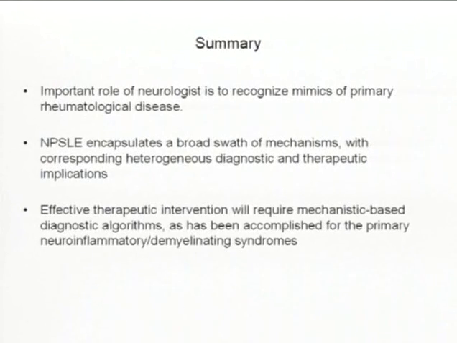And as I said before, effective therapeutic interventions will require mechanistic-based algorithms. These algorithms have been accomplished for the primary neuroinflammatory syndromes. We've heard the diagnostic algorithms for MS, for transverse myelitis, as well as Devic syndrome. There's no diagnostic algorithm right now for all these rheumatic diseases.